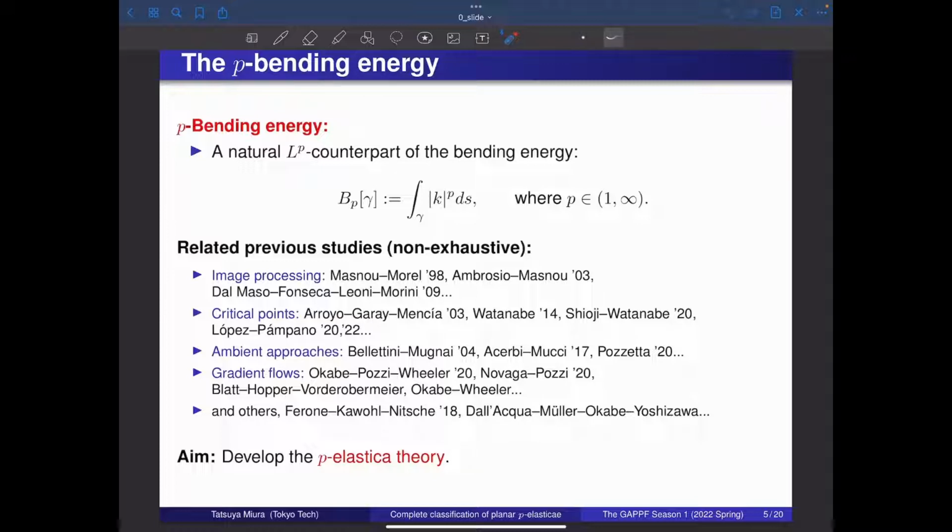It also has some relation with models of liquid with vortical potentials, or say trajectories of plasma particles. I recommend the recent papers by Lopez and Pámpano for the details of these applications. They contain very nice presentations about this topic.